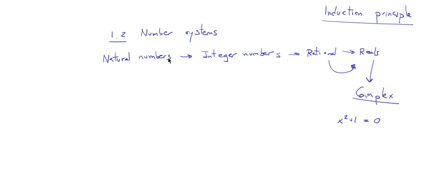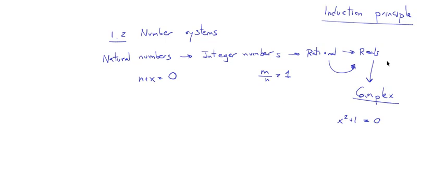Just like the integer numbers were invented so that the equation n plus x equals 0 has a solution, and the rational numbers were invented so that the equation m over n equals x always has a solution, the complex numbers can be thought of as the numbers that make this equation always have a solution. But we won't deal with them here.